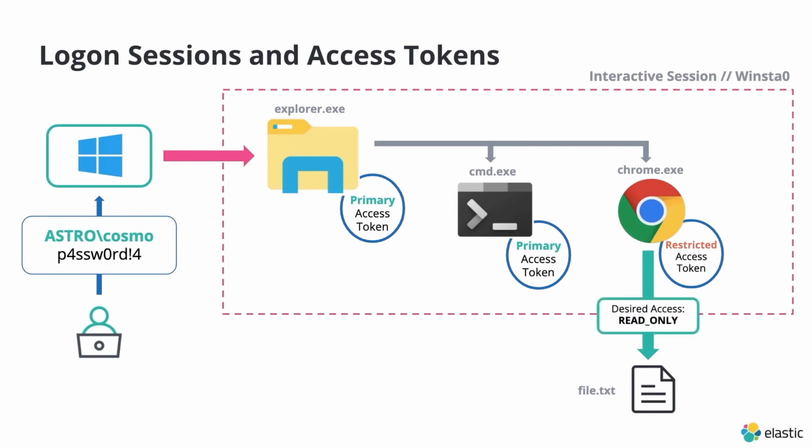It needs the intentions up front, because in Windows, the access check for performance is only done the first time, and you need to state exactly what you plan to do with the object. And the third thing is a security descriptor. So this is contained within the object, and it basically has an access control list that says who is and is not able to access it. And then based on these, Windows will make a decision. And this is why the ability to control the security settings in access tokens is so important.